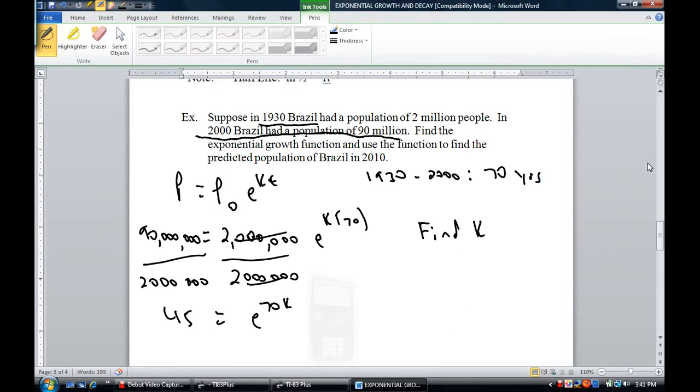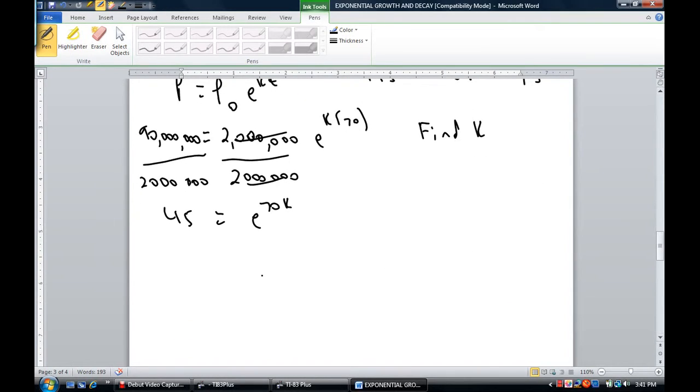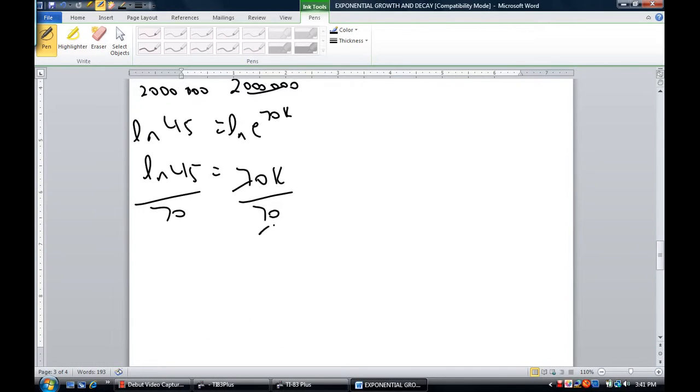And then what we're going to do, we're going to take the natural log of both sides. I'm just going to save some space by writing natural log in front of both sides. And we get natural log of 45. The natural log and the e cancel each other out, and it leaves 70k. Divide both sides by 70. I'm going to have to type that in my calculator because I need a decimal value.